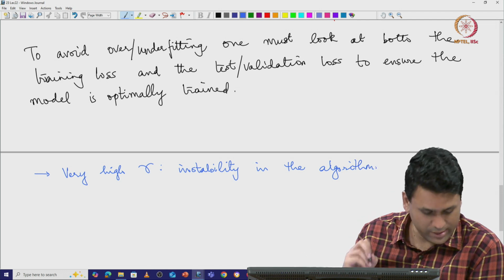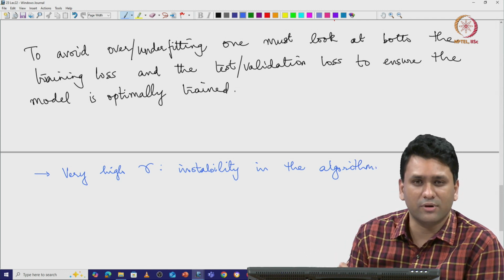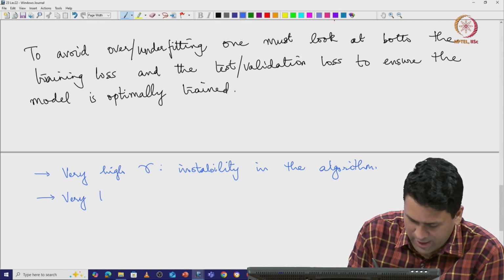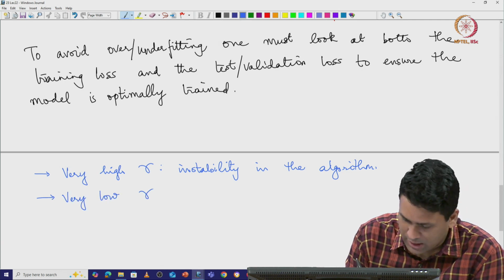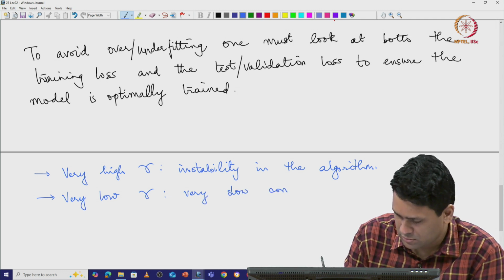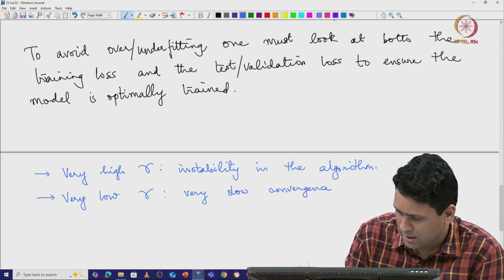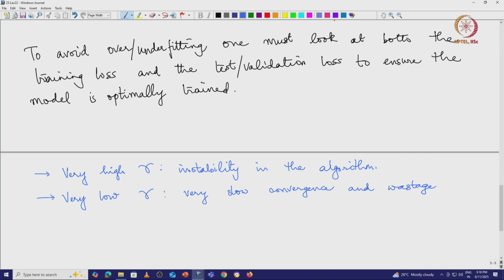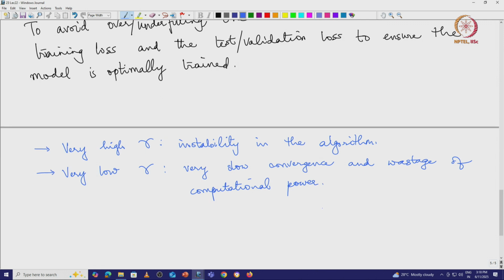It will keep on increasing and you will never converge. You could have a very low value of the learning rate, which would lead to very slow convergence and wastage of computational power. And you may never even converge to the right set of parameters.